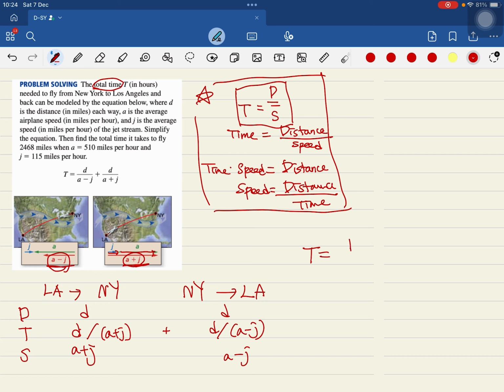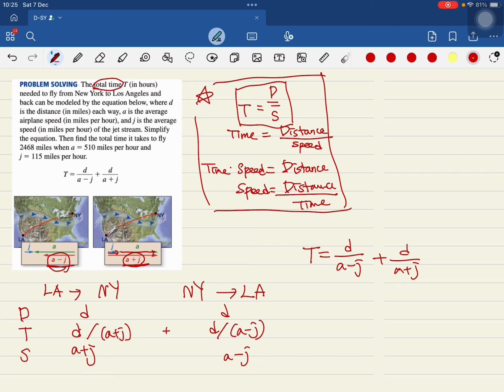So T becomes D over A minus J plus D over A plus J. In this question, because it already gives us the formula, we don't need to go through how to compose it, but you need to understand it for the next questions too.